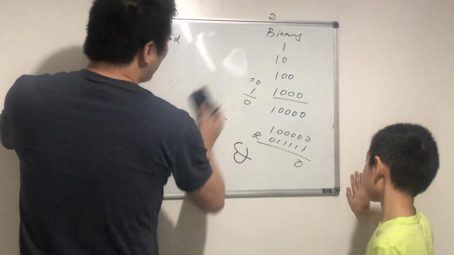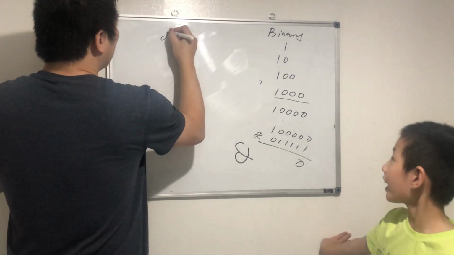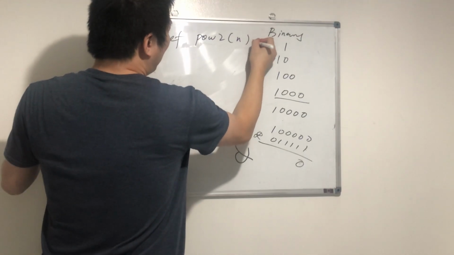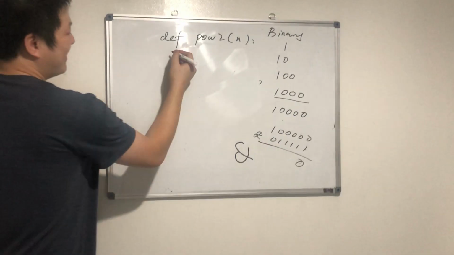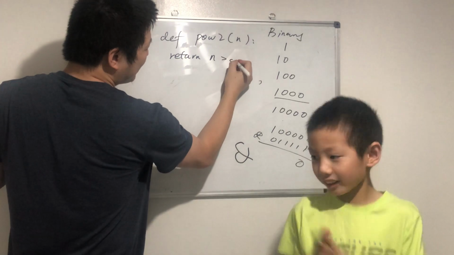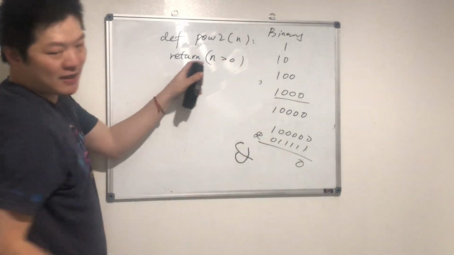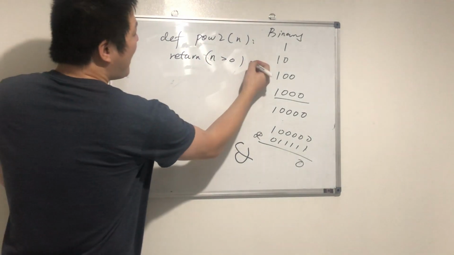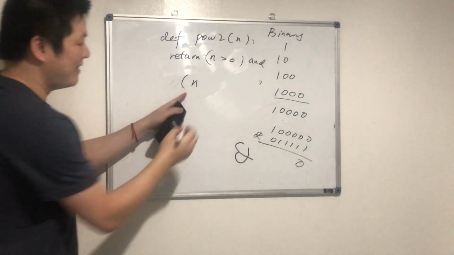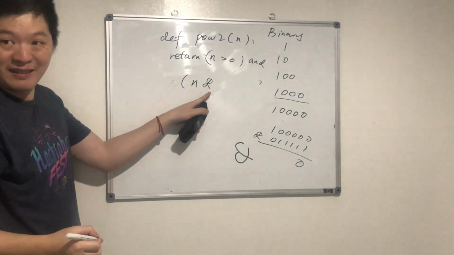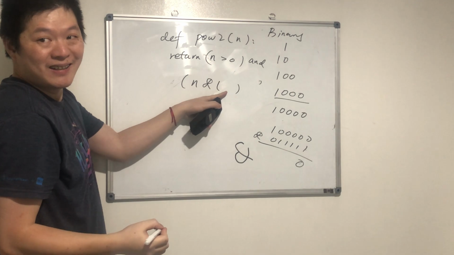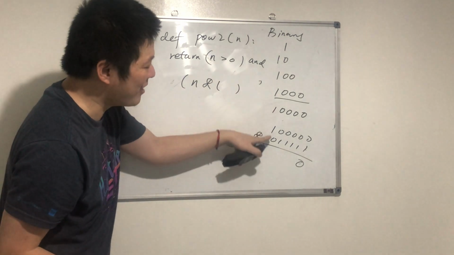So what can we do? Look, define power of 2. If it's a power of 2, then you minus 1, then you just AND both of them, and return. First of all, it has to be bigger than 0. Look, n bigger than 0, and n AND what?